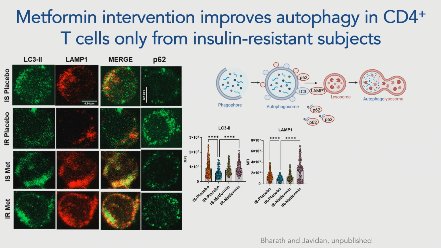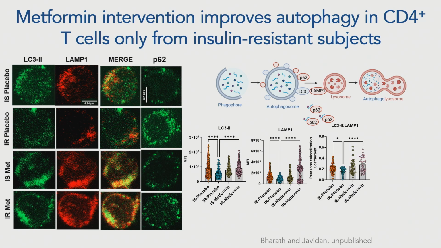And if I could focus your attention on the first and second bars, you can see that in our insulin-resistant placebo samples, we have defects in autophagy, with relatively low lipidated LC3 in blue compared to the relatively high marker in the insulin-sensitive placebo-treated cells. Also defects looking at LAMP1, looking at co-localization of these, so autophagolysosome formation, and then also accumulation of P62.